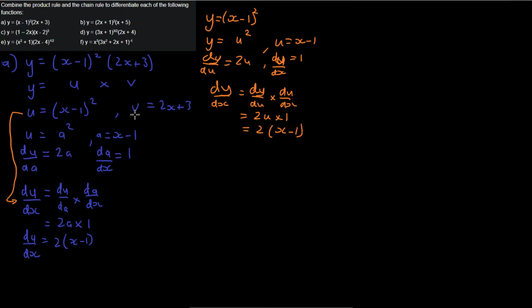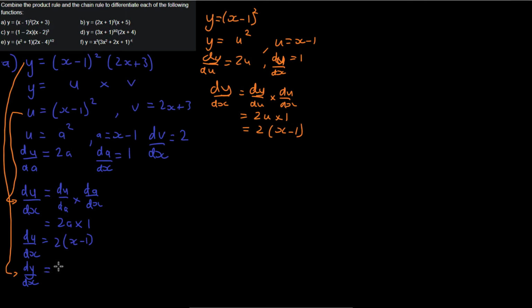Now over here, we forgot about v. Well, we need dv/dx, and luckily that's quite easy, that's just going to be 2. Now, what is our product rule? Our product rule, dy/dx, remember, all the way up here we had y, we want to derive y. So we've got dy/dx finally.